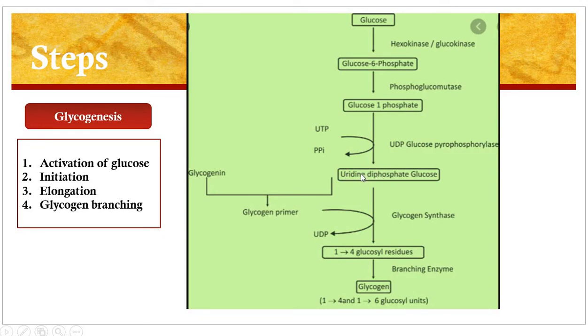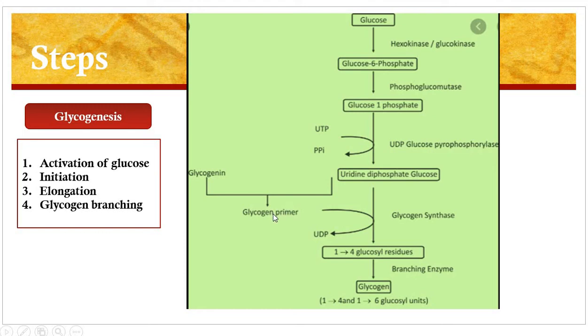Now the second step is initiation, and in initiation uridine diphosphate glucose utilizes glycogenin. Glycogenin is a protein with 7 glucose molecules to form the glycogen primer. Means this uridine diphosphate glucose utilizes glycogenin to form the glycogen primer.